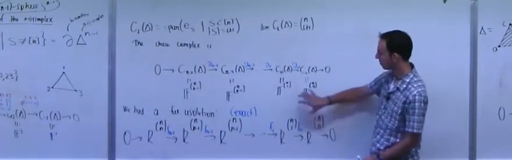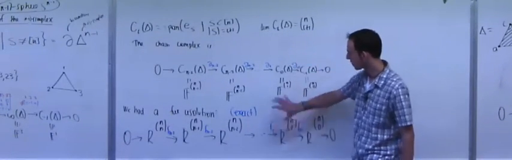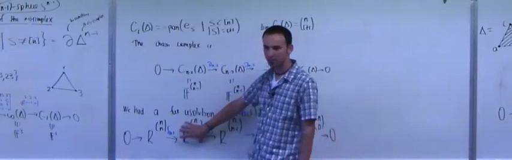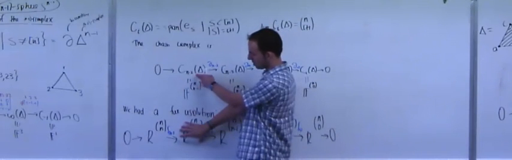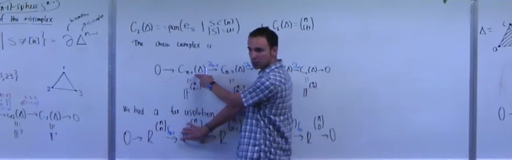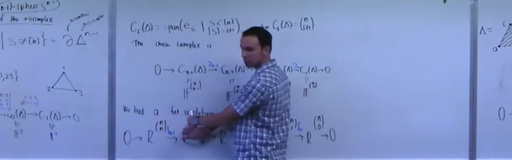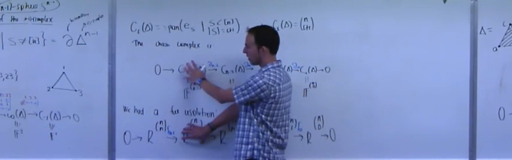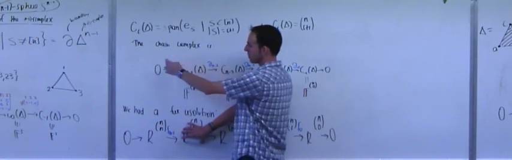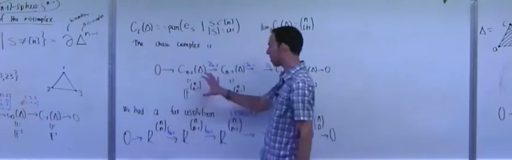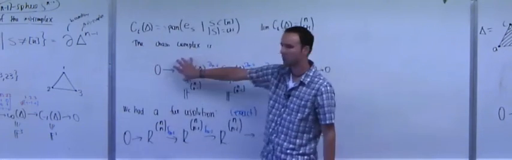Here I'm exact, so here I'm exact. Here I'm exact, so here I'm exact. Here I'm exact, but now here I'm not exact, because what does it mean to be exact here? It means that this kernel is equal to this image. And over here, to be exact would mean that this kernel is equal to this image, but I lost my image. So basically, I'm exact everywhere except right here.